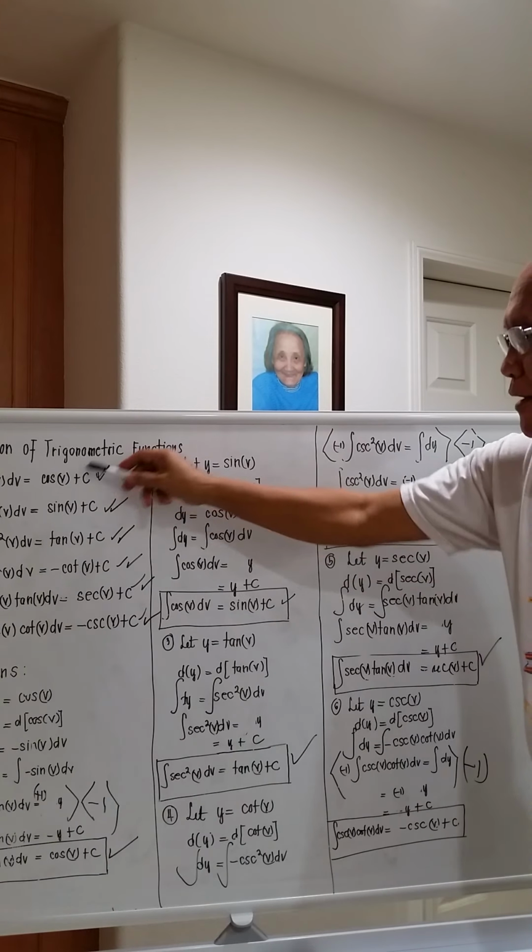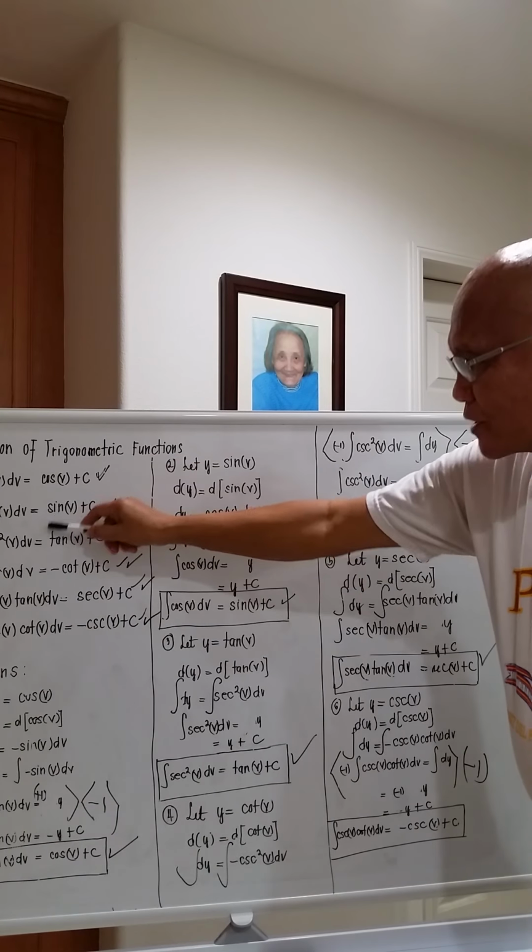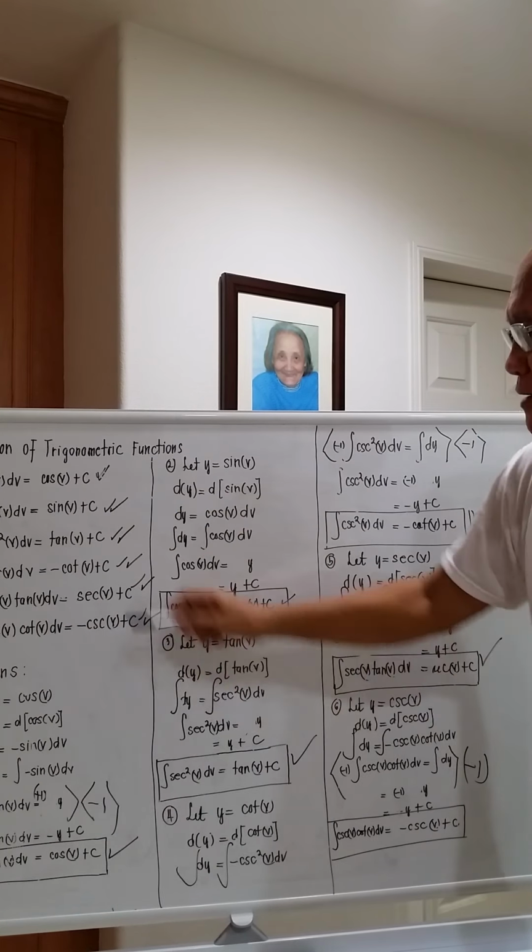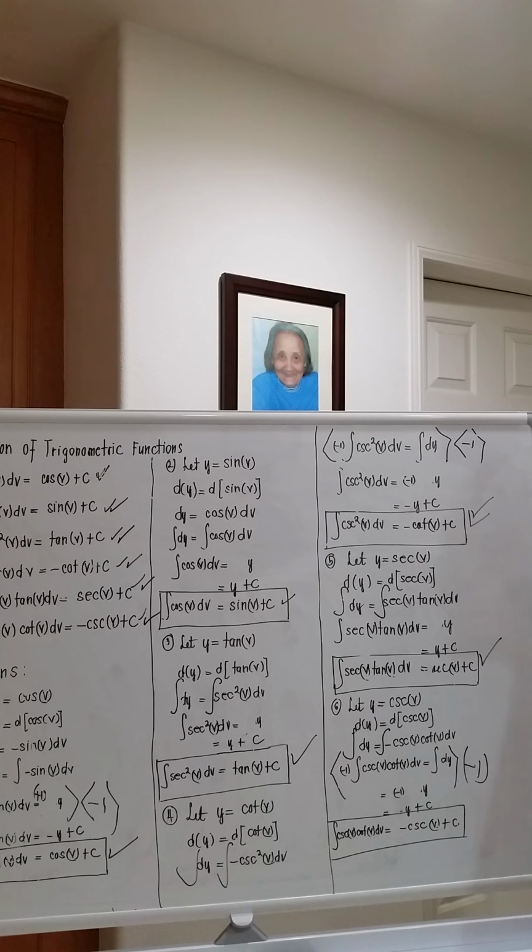The integral of sine is cosine, the integral of cosine is sine, secant square is tangent, cosecant square is negative cotangent, secant tangent is secant, and cosecant cotangent is negative cosecant. Actually, this is the complete derivation by using our knowledge of differential calculus. It's an easy thing in integral calculus if you are familiar with your differentiation plus your algebraic manipulation.